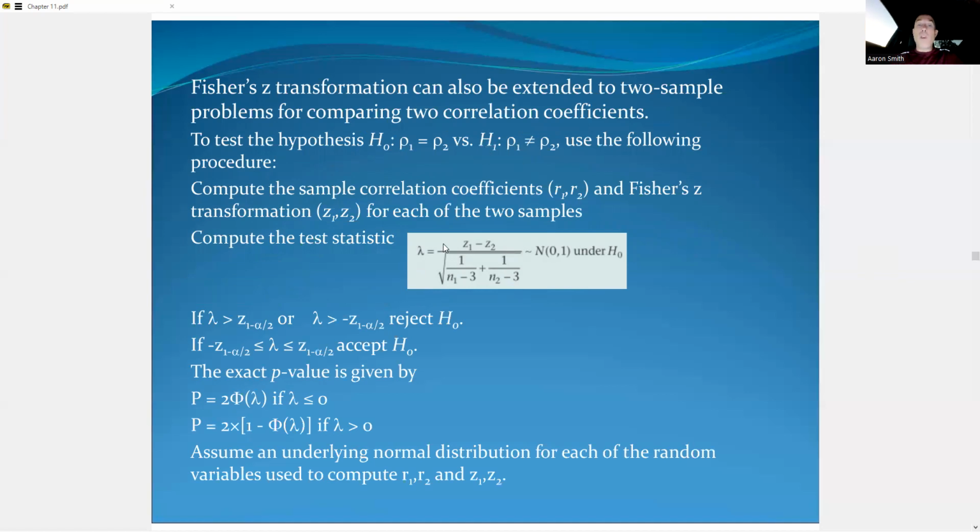Now, if we want to do a two-sample correlation test, to check whether two populations have the same correlation, so if I have two predictor variables and one target and I want to see whether they have equal correlation, I can run hypothesis testing. Once again, I'm using the fact that I have two normally distributed independent samples.